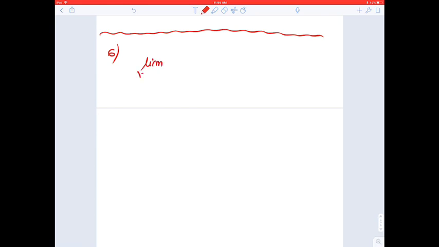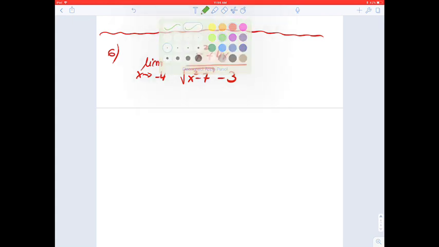Limit as x goes to negative 4, x squared plus 4x, in the denominator the square root of x squared minus 7, minus 3. That means let's check what we have. Direct substitution.